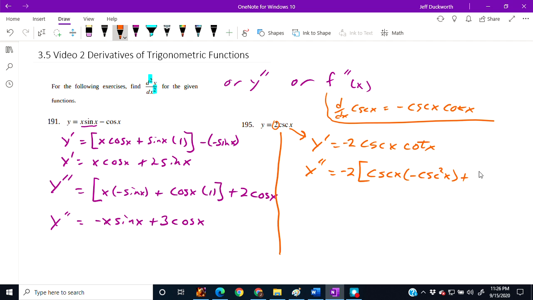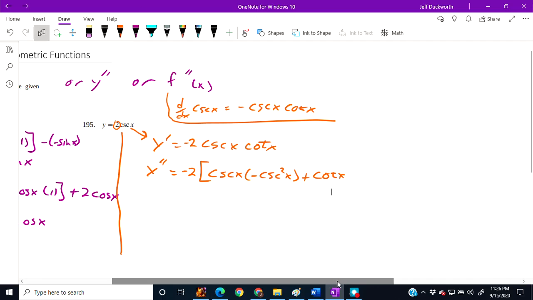So plus the second times derivative of the first, which will be, let me move over a little bit. Derivative of cosecant is again negative cosecant cotangent.